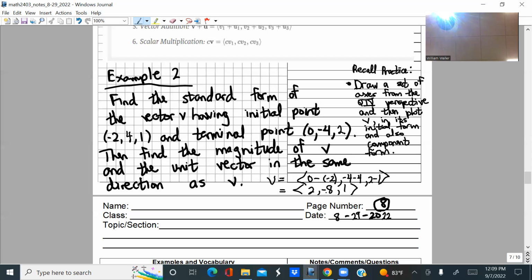Component forms are... so which is X, this is X. So this is positive. This is negative.